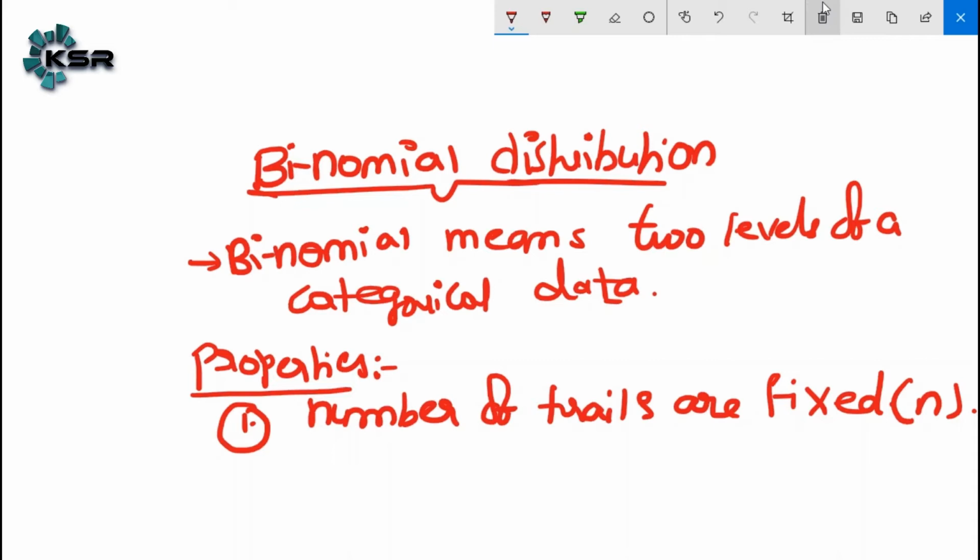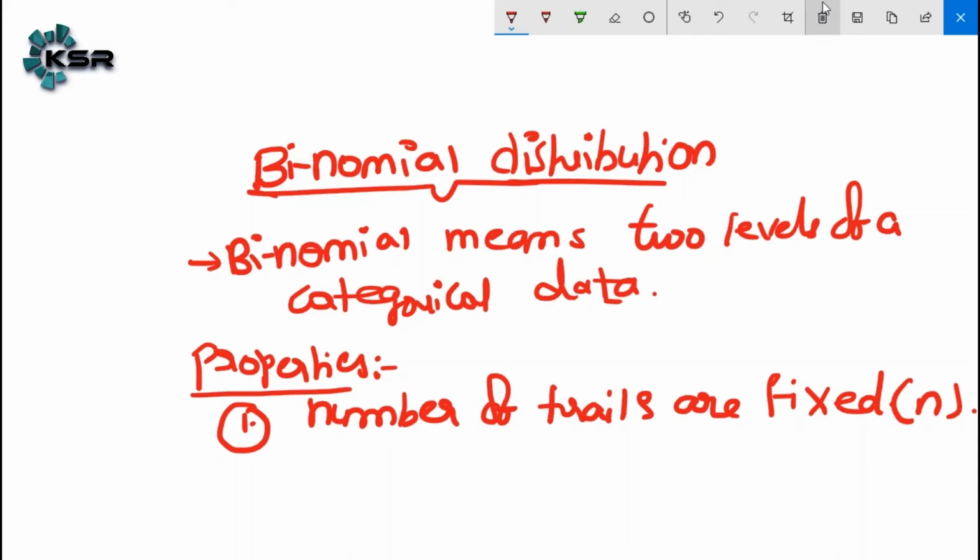Probability is nothing but the chance of getting or occurring of an event. What do you mean by event? Any resultant outcome or procedure. So here in the binomial distribution, we are going to get two outcomes when you run the events. So here the number of trials is fixed.